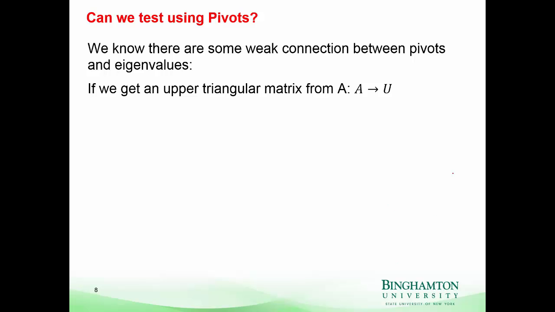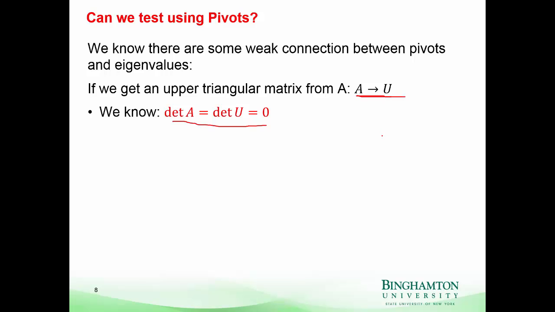But if we were trying to discover something new, we would need to prove that it really is true in all cases. So if we get an upper triangular matrix U from A by doing our usual operations, we can extract the pivots, and we already know that that process of going to an upper triangular matrix doesn't change the determinant.